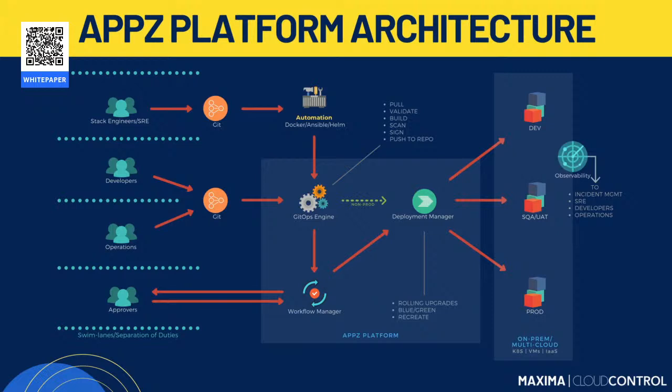From there, it triggers the deployment manager, which creates the manifest and the scripts required to deploy this into the VM. The template is written in Ansible, and it executes an Ansible script to update that website. This VM update takes about 3 to 5 minutes.